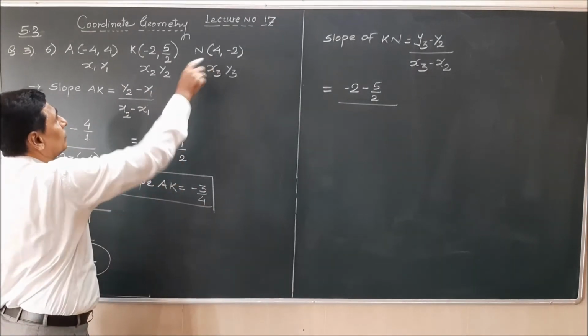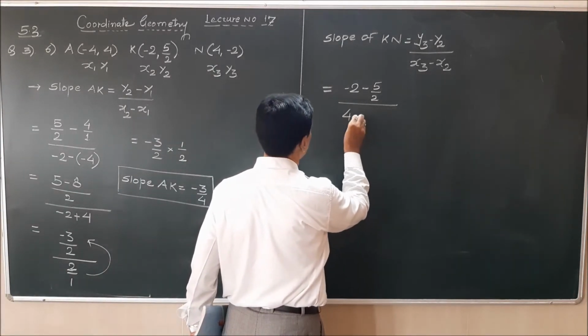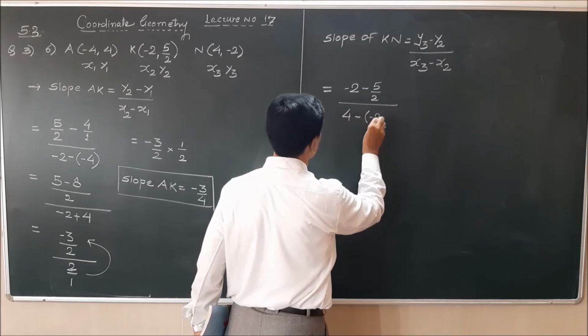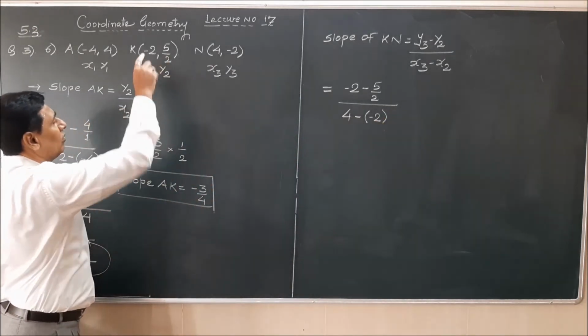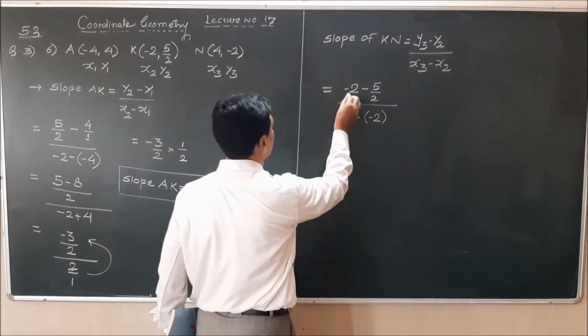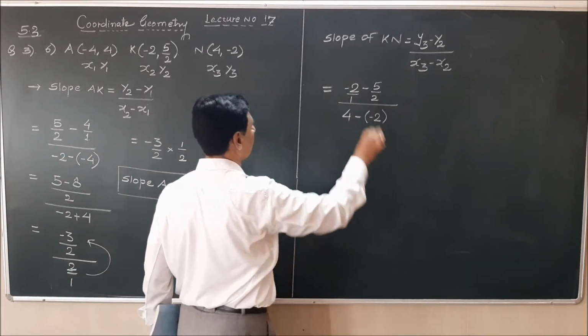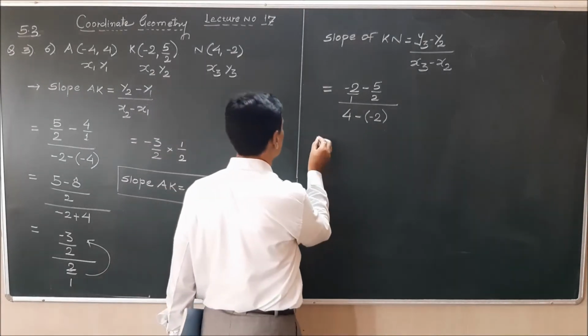What is x3? 4 minus of minus 2. So naturally we get it over here upon 1. Okay, now let's simplify it.